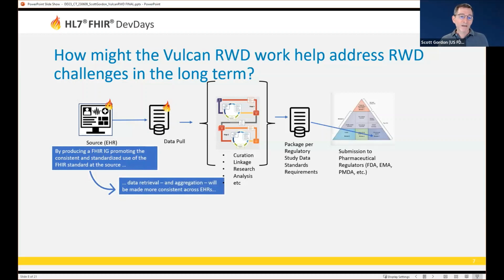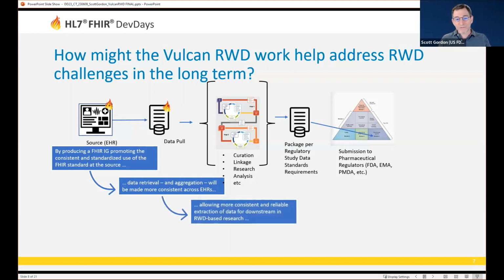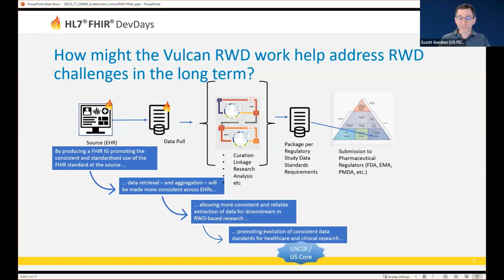So retrieval of data and potentially aggregation, or having larger data sets created from individual EHR pulls, will be more consistent and therefore easier to perform subsequent research on, allowing ultimately a more consistent packaging of all of this study information for ultimate submission to FDA or to any of the global regulators.